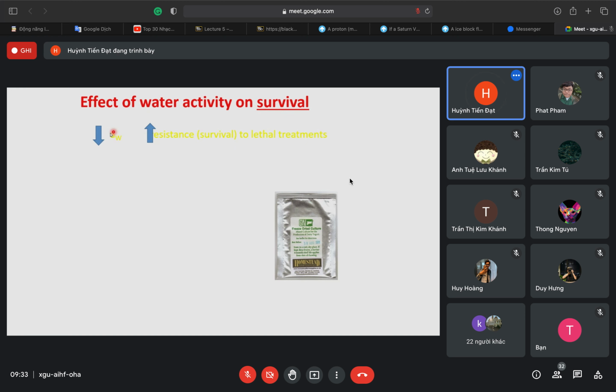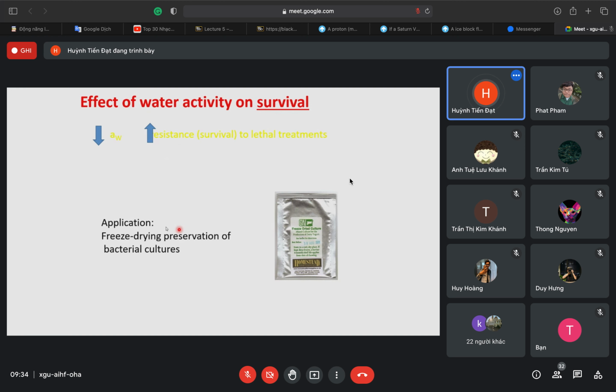This concept is very important. If you treat food with very low water activity, that's totally different from high water activity food, because the microbes in there are resistant to death. We know the concept, and if you do the treatment for preservation, you can also apply it.